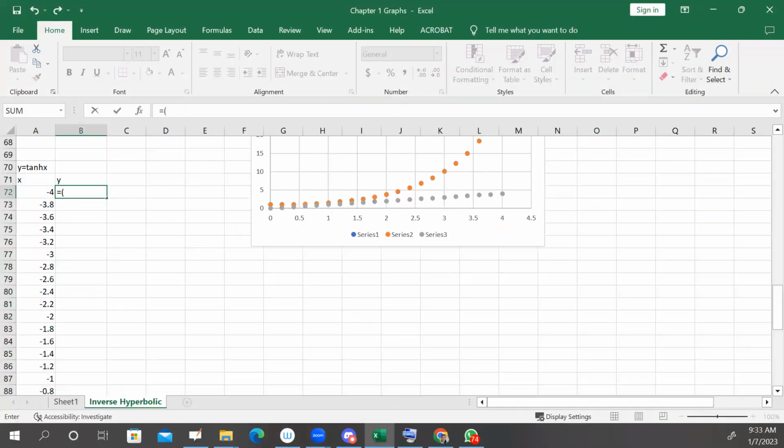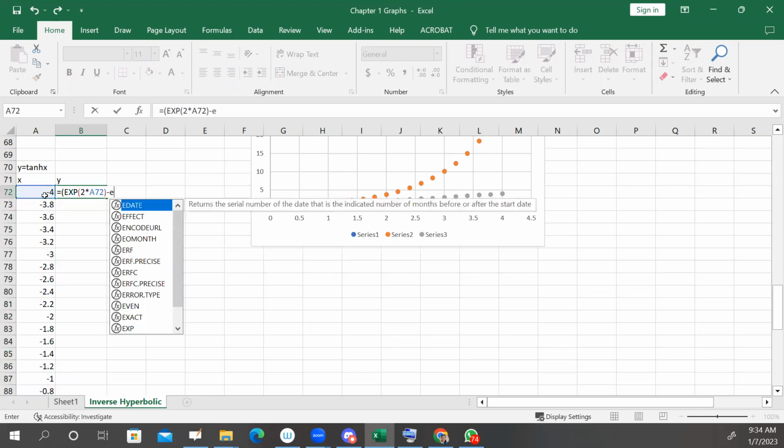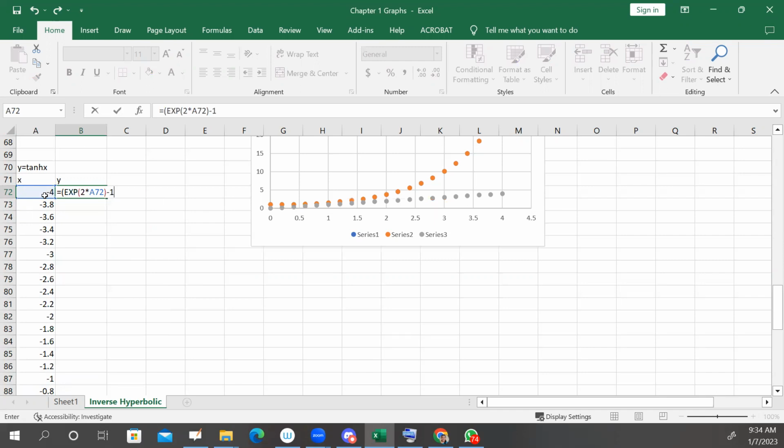So give a bracket for the numerator: e to the power 2x minus 1, and then you close the bracket for the numerator. Then divide by, again you open a bracket, e to the power 2x plus 1.